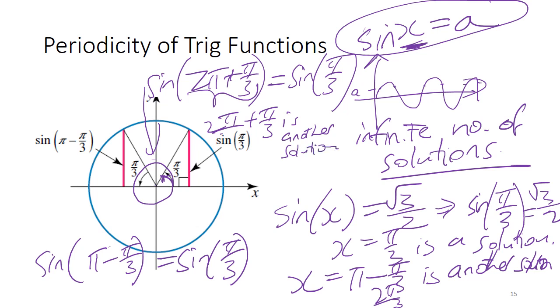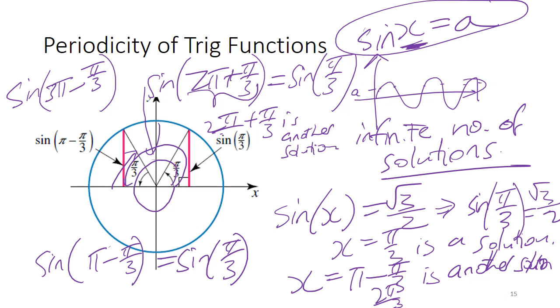Can you give me another solution? Yes, I can, because if I go one full revolution and then go up to here, that would be another angle. That would be the same as going one full revolution, that's 2 pi, 3 pi, and then minus this bit. So I can have 3 pi take away pi over 3.